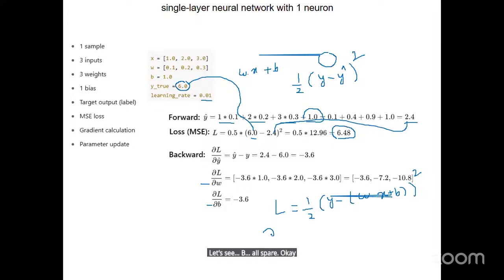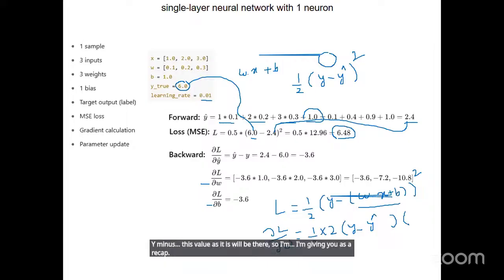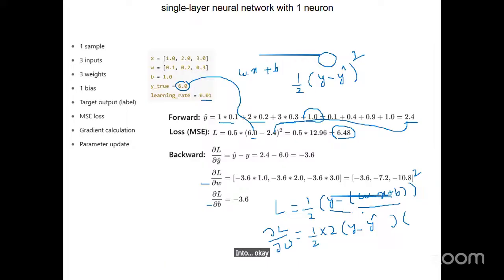Next, ∂L/∂W equals 1/2 into 2 into (y minus ŷ) into the derivative of this with respect to W. If I do that, I will get minus X.